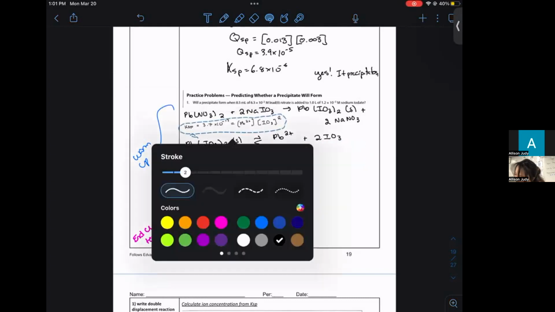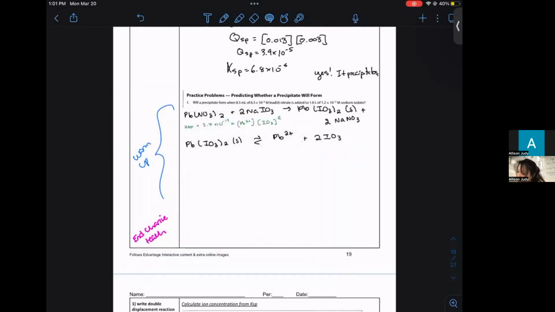Let's have you be in a different color. Okay, so then you have to do the ICE table problem. So this doesn't matter, right? And you know that you're going to have S and 2S. So your equilibrium values are going to be S and 2S because that's your change.